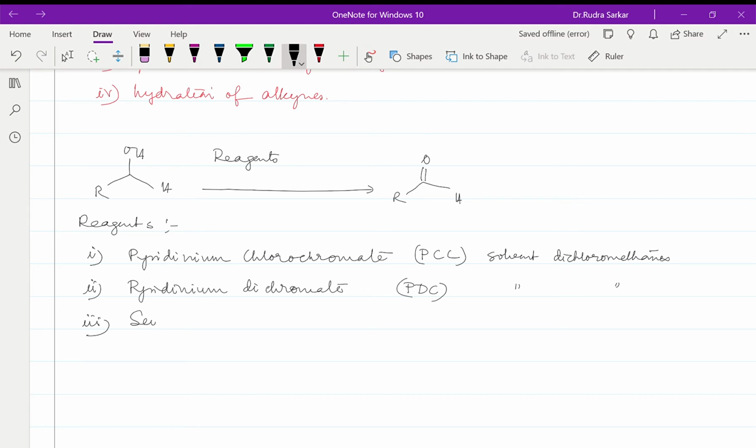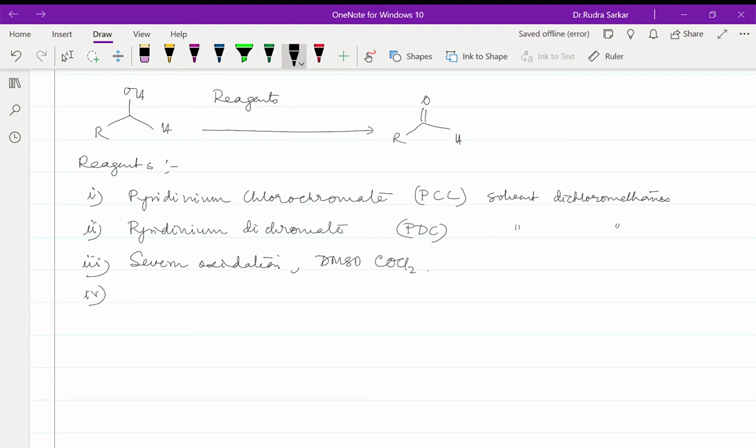We can use Swern oxidation, which is basically DMSO in presence of COCl2.